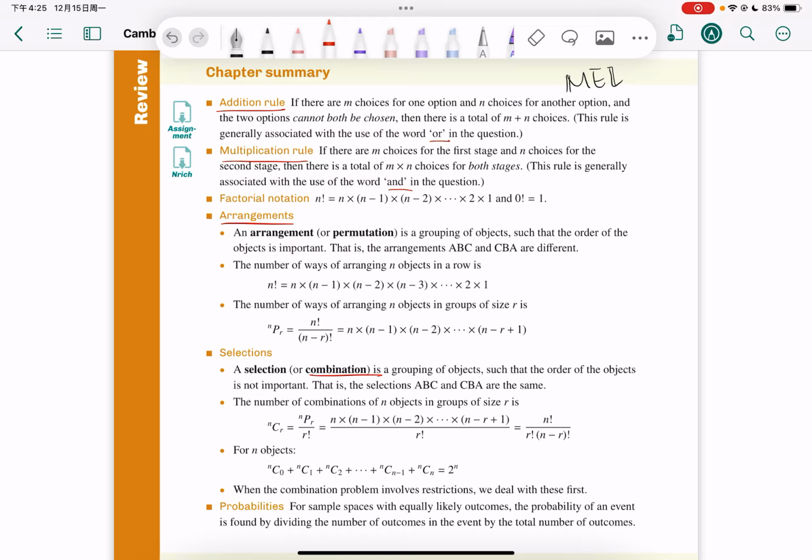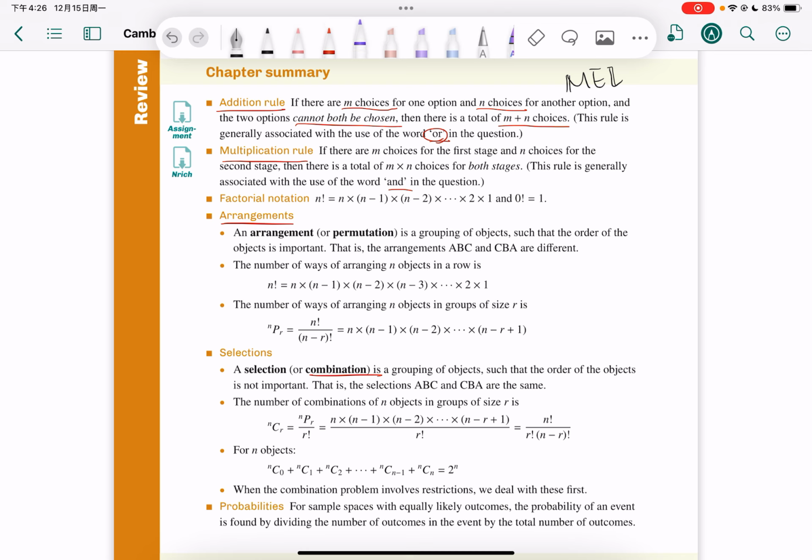First of all, what's the addition rule? If there are m choices for one option and n choices for another option, and the two options cannot both be chosen, then there is a total of m plus n choices, and it is associated with the word "or". Let's give a simple example.